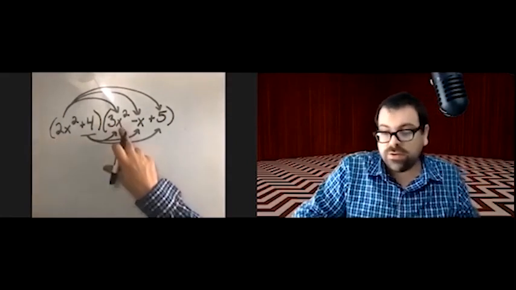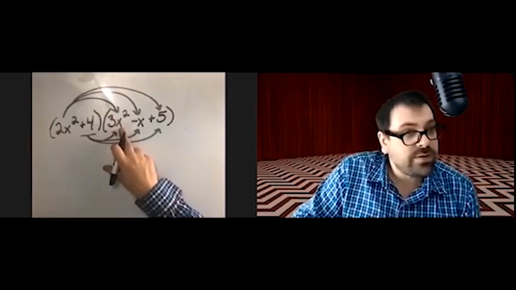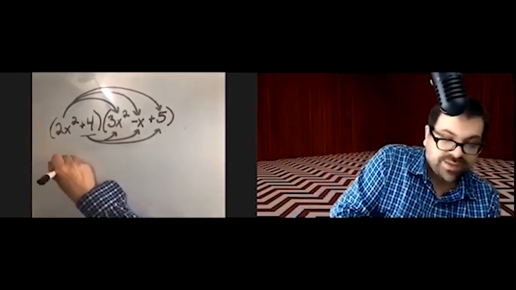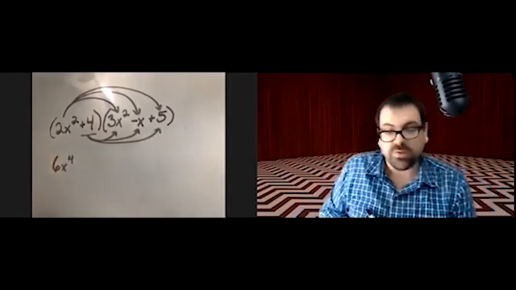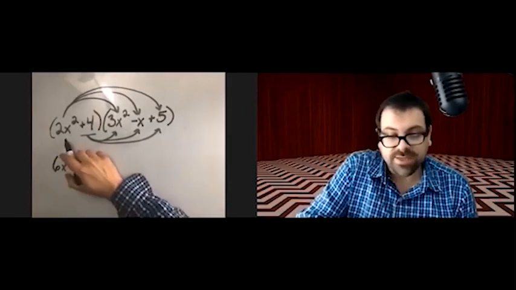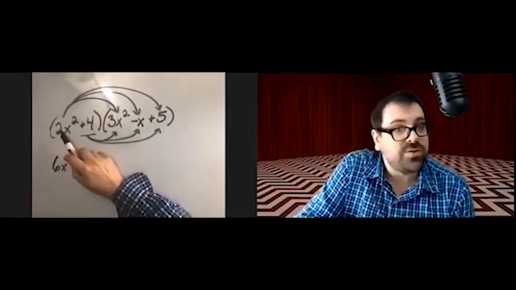2x squared times 3x squared. 2 times 3 is 6. We would have 6x to the 4th. x squared times x squared would be x to the 2 plus 2.